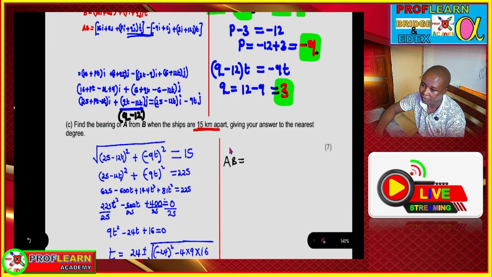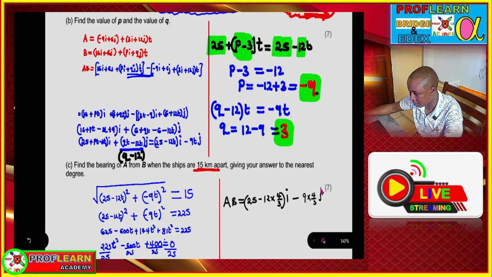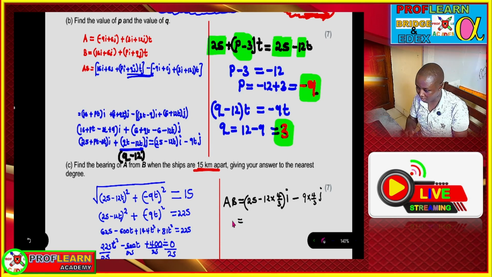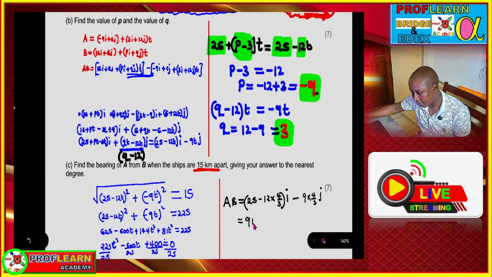If we work this out to reduce it, it's going to be 25 minus 12 times 4/3, and that becomes 9i minus 12j.